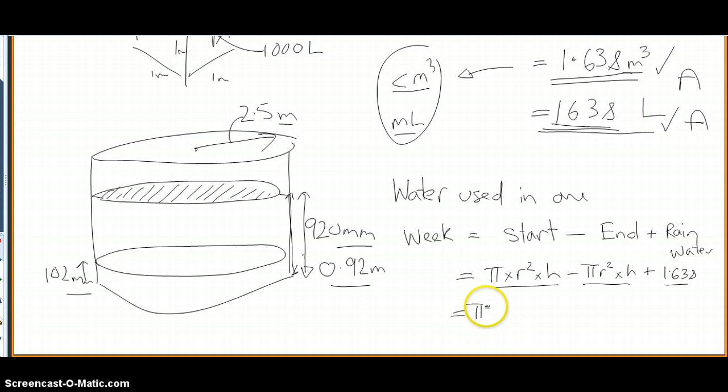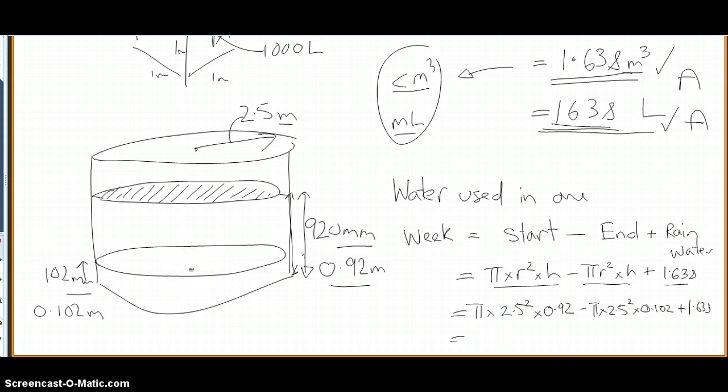Okay, substituting the numbers: pi times 2.5 squared times 0.92, minus pi times 2.5 squared times 0.102 meters, 0.102 plus my 1.638. Calculator time.